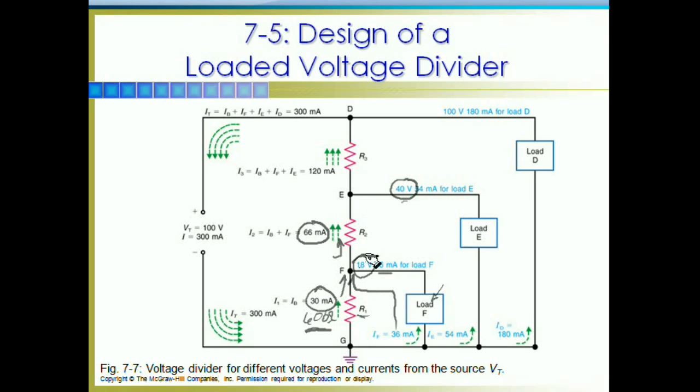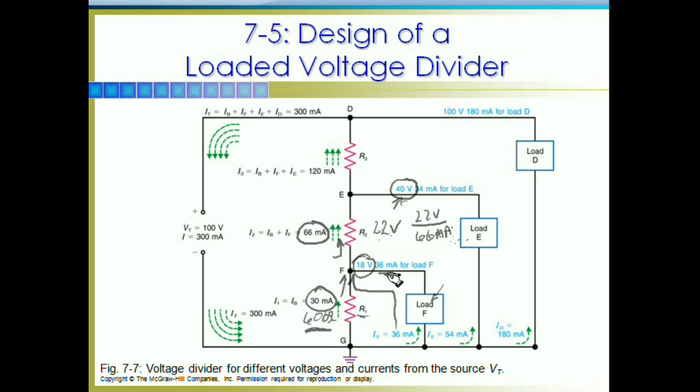Well, I know R1 is going to account for 18 of that, so R2 has got to account for 22 volts of that 40. So now it's as easy as 22 volts over 66 milliamps.